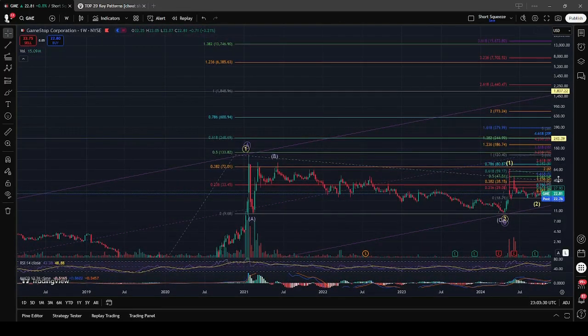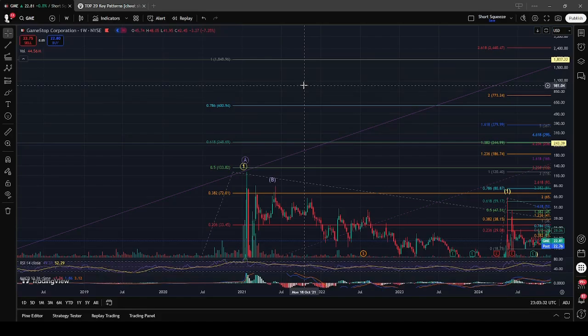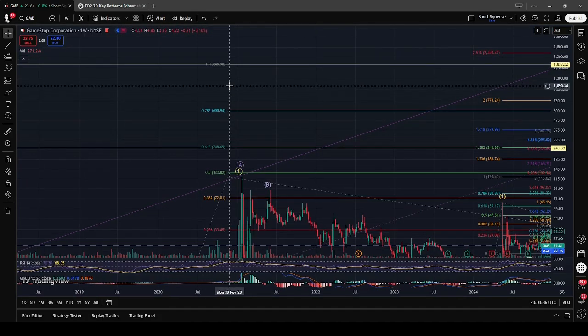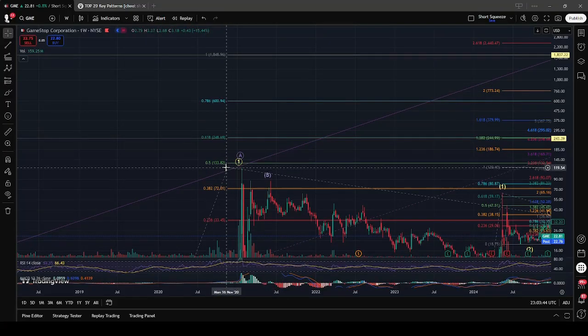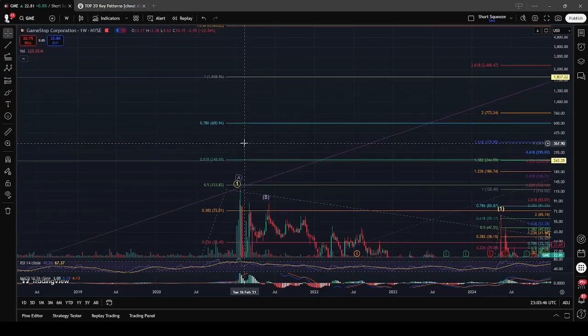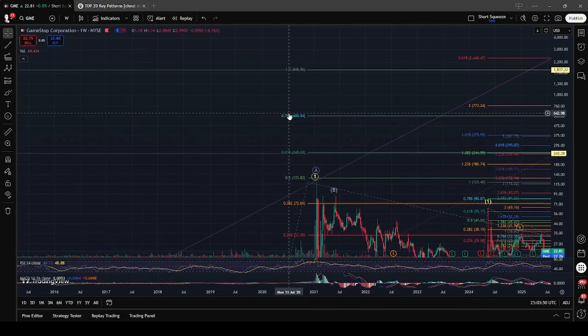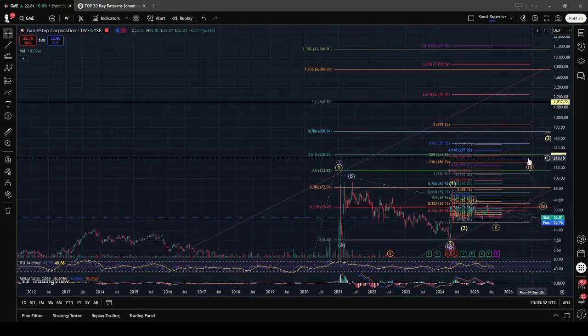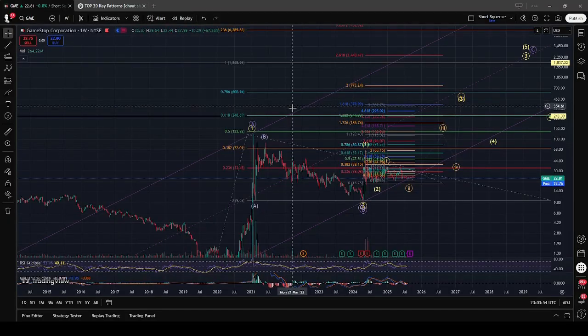A basic ABC structure would leave GameStop at a mind-boggling 1,848. Obviously this is not super accurate, I don't have it to the very cent, but around $1,800, let's just say that. So either way, whatever way you're looking at it, that is so bullish.